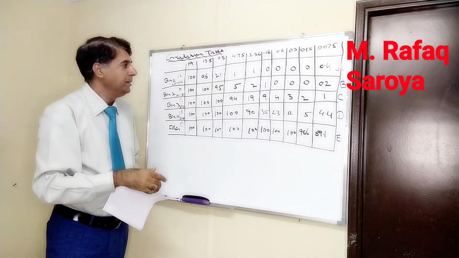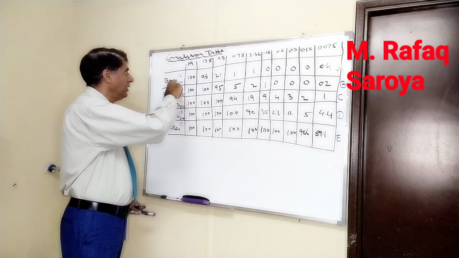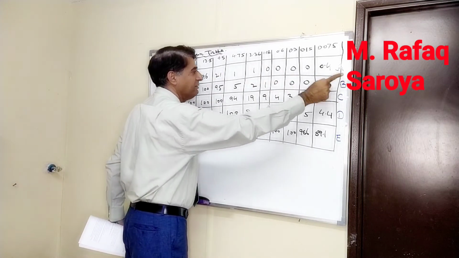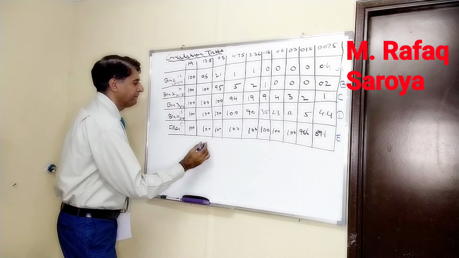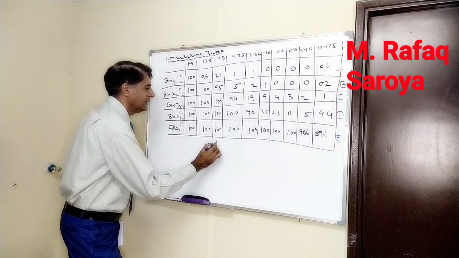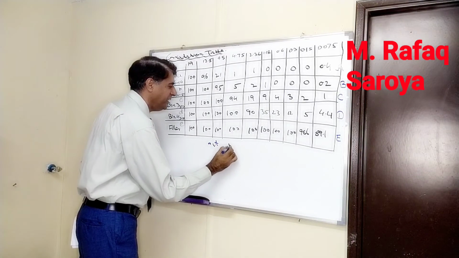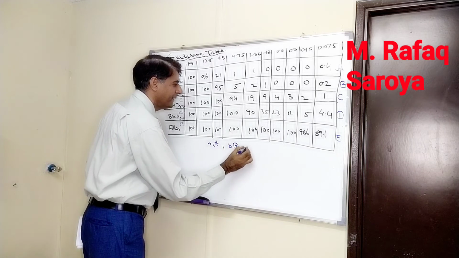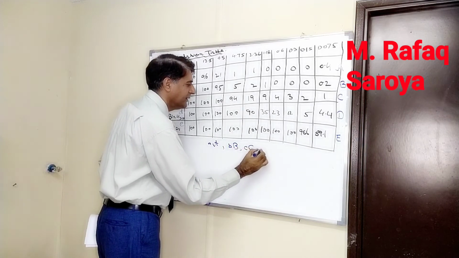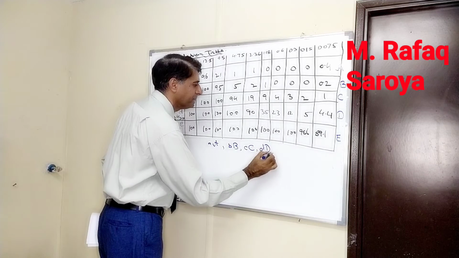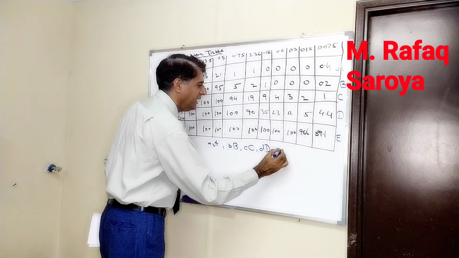these two values, because in my next video I have to make the combination of these: A into a, then B into b, C into c, D into d, E into e.